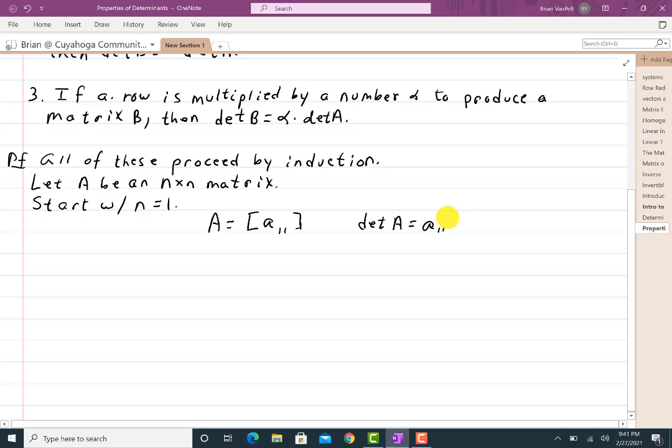So now let's go through the things that we did. One, adding a multiple of one row to another row. Well, there's only one row to work with, so nothing to do here. For number 2, swap two rows? Nothing to do here either.